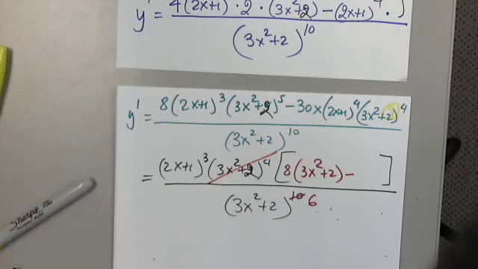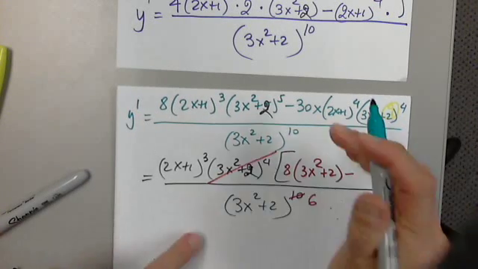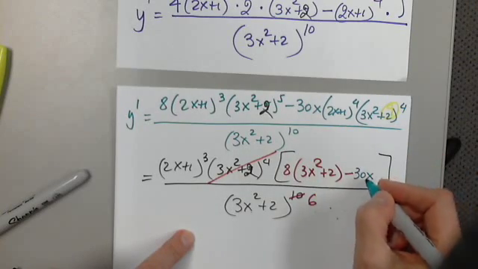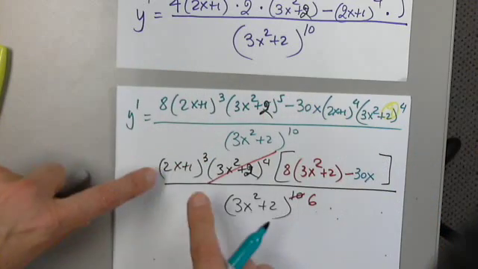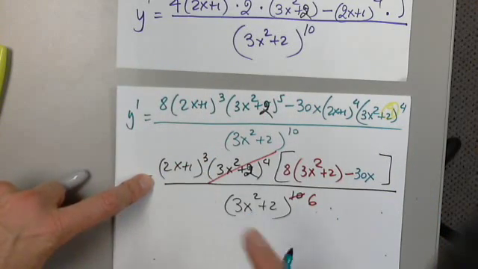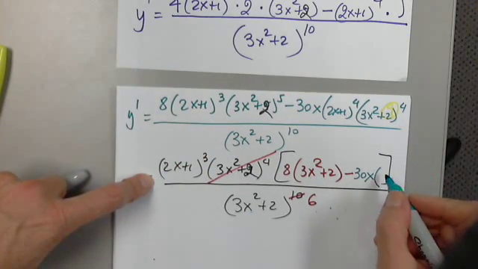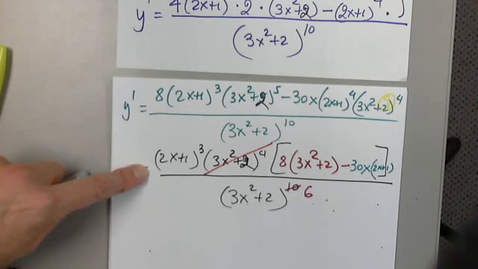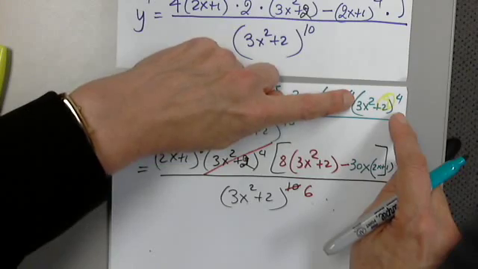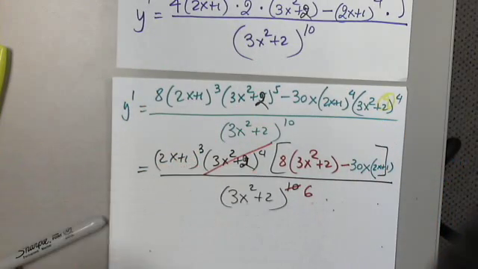Okay, the next step. I have the 30x. From these 4, I took out 3. So what is left in parentheses? 2x plus 1. Of course, as you see, I can fit everything. And this is completely out.